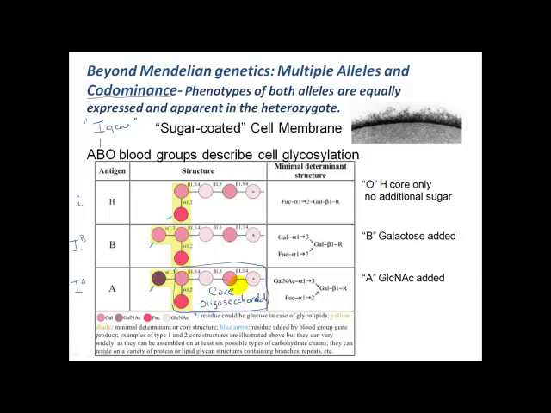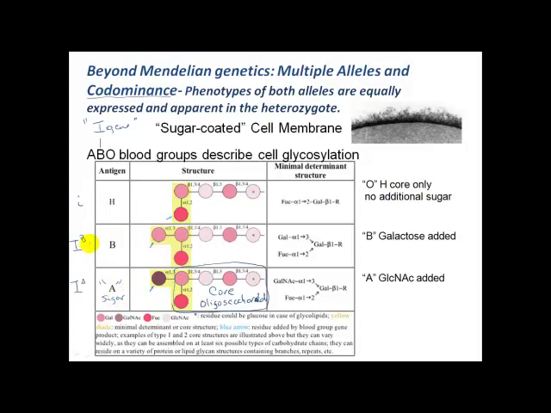So adding something on or not adding something on. All right? So in the case of the IA allele, this version of the enzyme adds on an N-acetylgalactosamine residue onto that core oligosaccharide. And we call that the A-type sugar. All right? So that's the A-type sugar pattern.